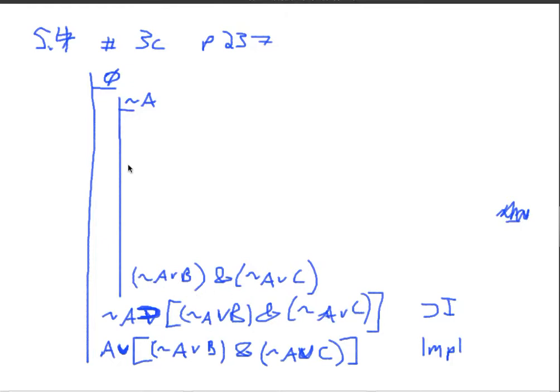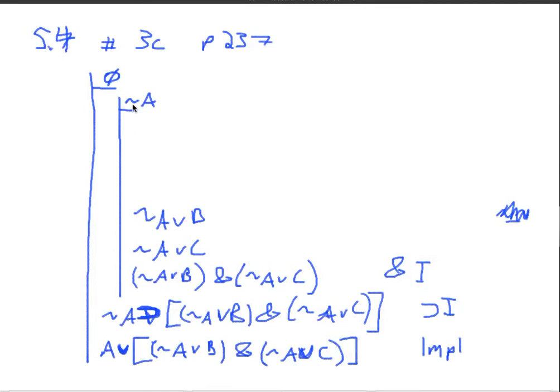Okay, so this last line here in our subderivation is a conjunction. So we know at some point we have to get A or C, and at another point we have to get not A or B. And then we can use conjunction introduction using these two lines. And by now, this should hopefully seem really easy to you, right?